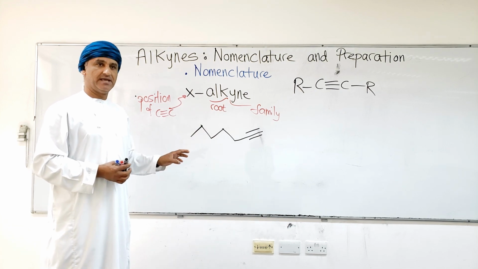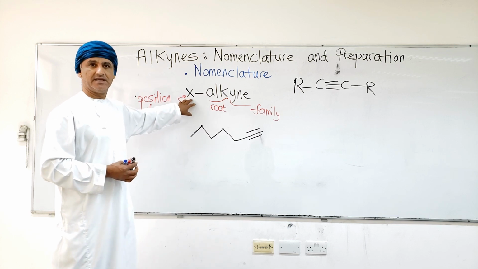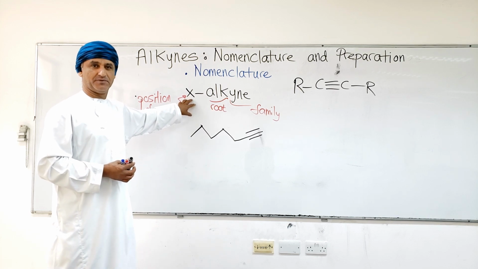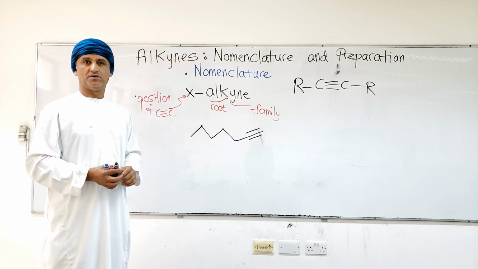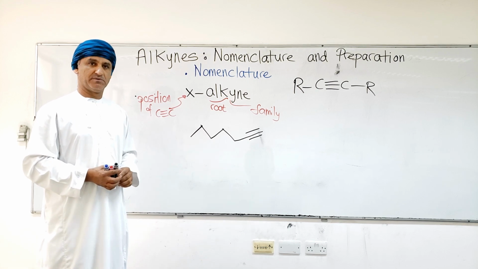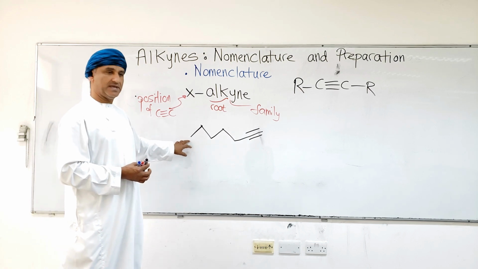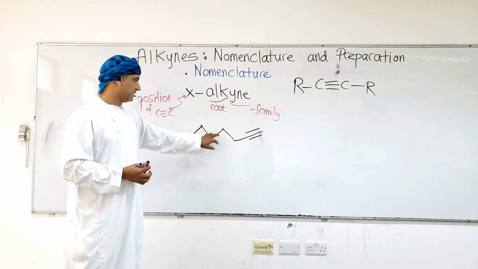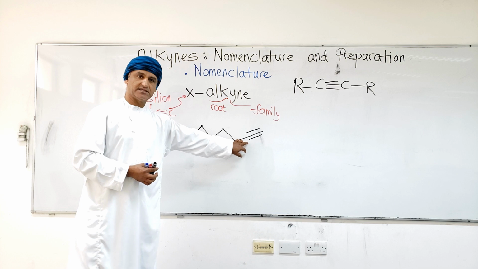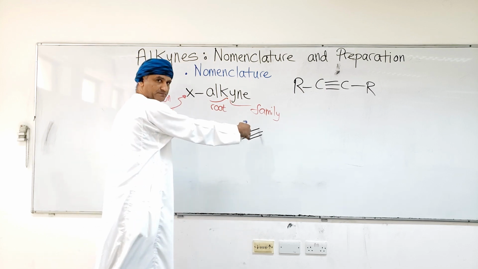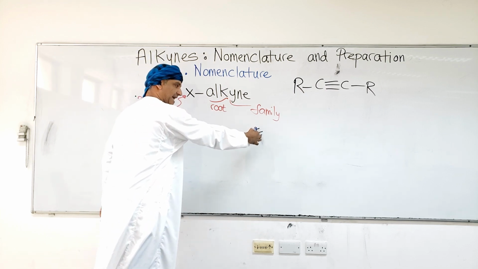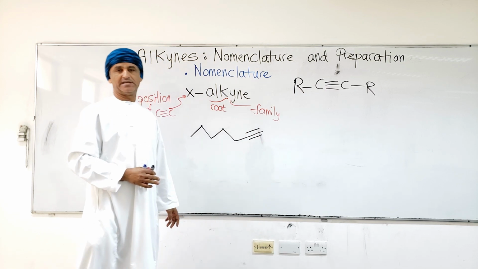So it's heptine, but we also need to specify the position of the carbon-carbon triple bond. That's why we need to number the chain at the end closer to the carbon-carbon triple bond. If we go from here, 1, 2, 3, 4, 5, 6, the carbon-carbon triple bond would get number 6. Alternatively, if we number from this end, the carbon-carbon triple bond would get number 1.